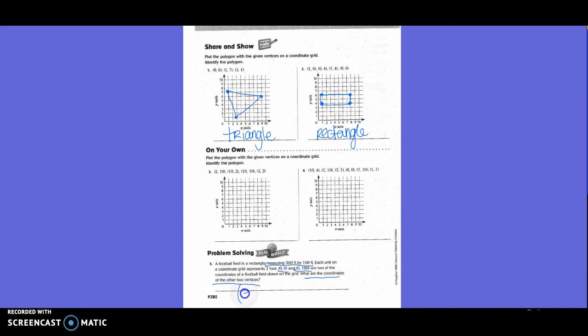Okay, so we'd have 300 in one and also 300 in the other. So what would be your coordinates for one of them? You could do 300 and 160. And then what's the other one? What have you not used yet? The 0 in the y coordinate.